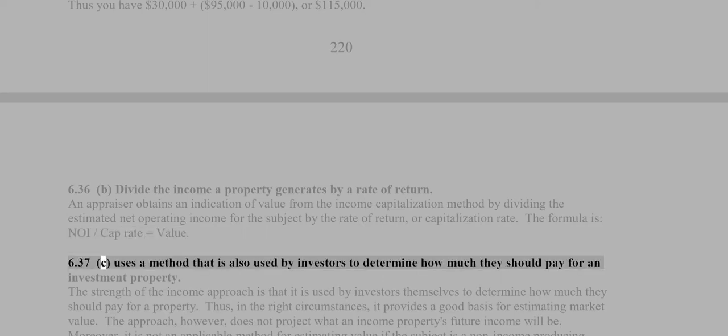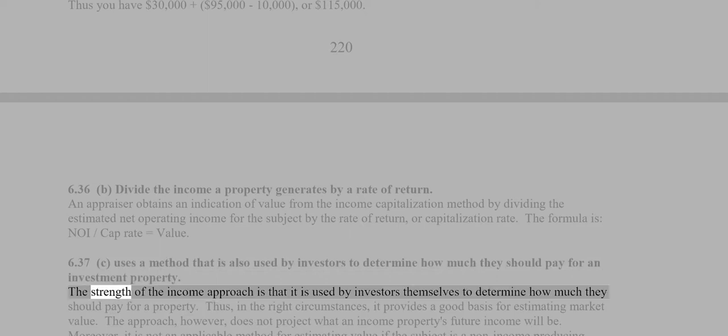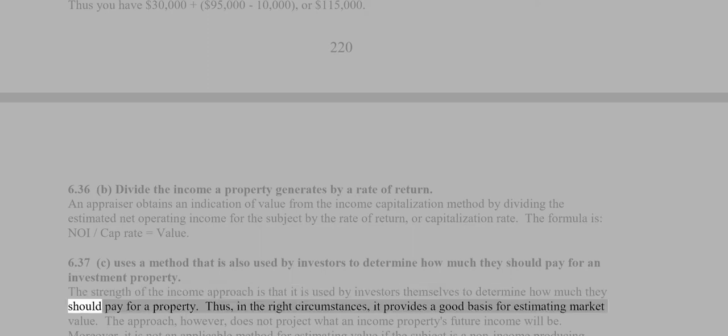6.37 C uses a method that is also used by investors to determine how much they should pay for an investment property. The strength of the income approach is that it is used by investors themselves to determine how much they should pay for a property.